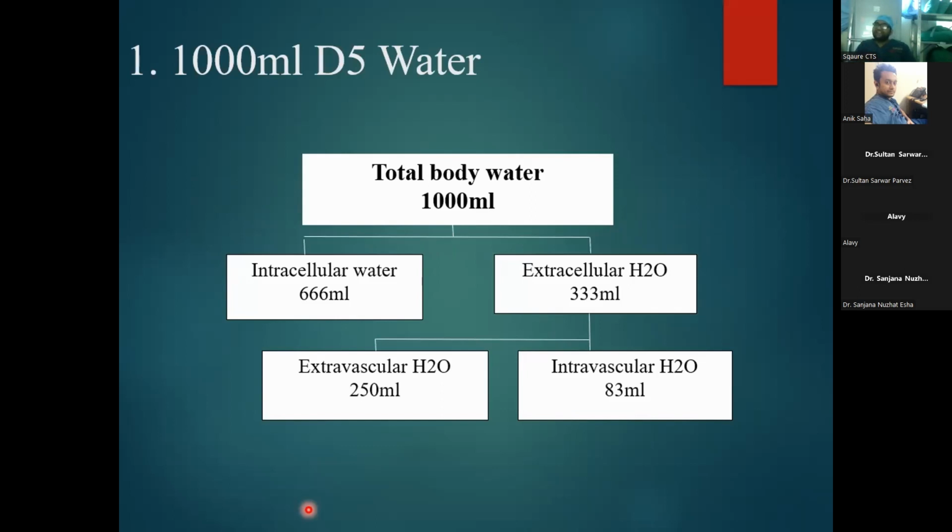And as we discussed earlier, after infusion of 1 liter of 5% DA, 66% goes intracellularly, that is 666 ml, and 33% goes extracellularly, that is 333 ml. And this 333 ml is divided into 2 parts: one is extravascular, that is 75%, meaning 250 ml, and 25%, that is 83 ml.